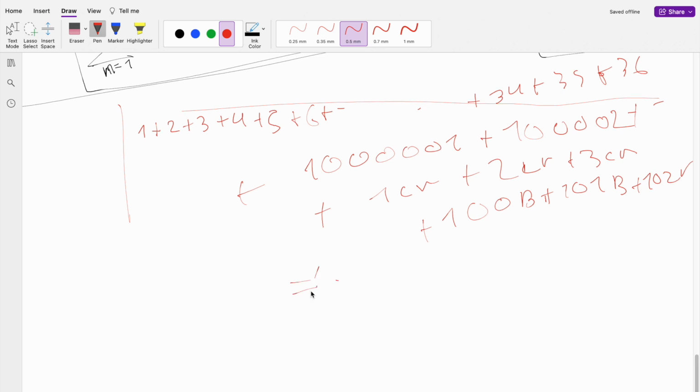It will not result in negative 1 by 12, honestly.